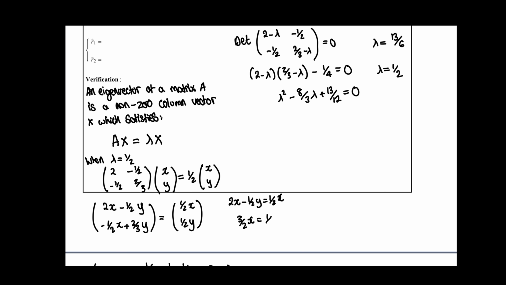And that's the same if we equate the lower elements. So if we let x equal 1, we get y is equal to 3. So our eigenvector would be (1, 3).